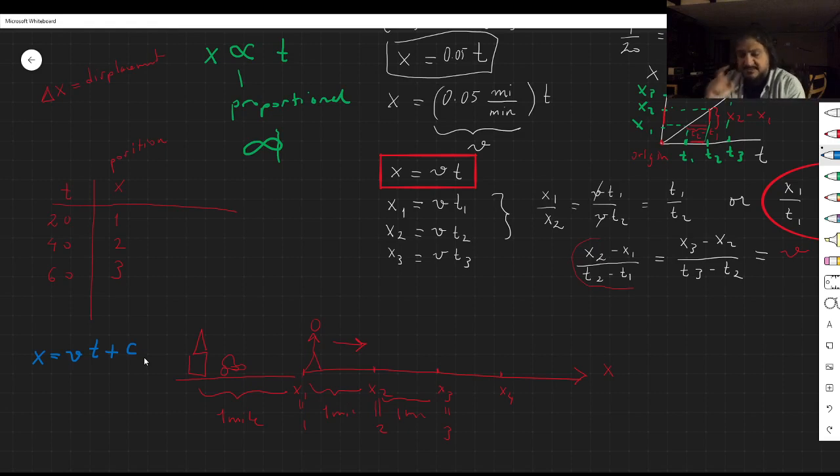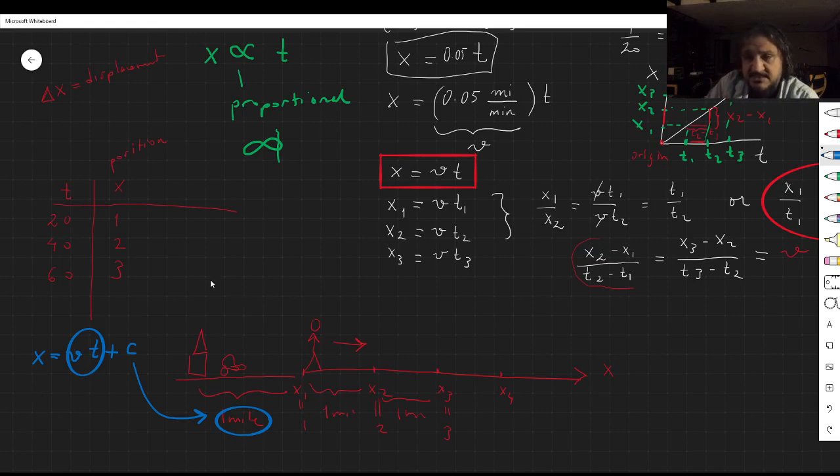Now how about we do this? Let C represent this 1 mile that is extra. And then every time 20 minutes pass, I travel an extra mile, and those will be coming from the first term here.